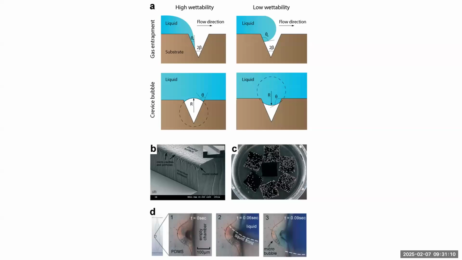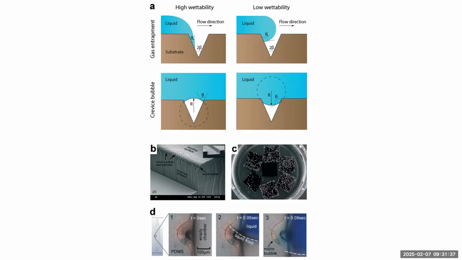And they talk about wettability of your surface as well. Surface chemistry is also very important. If it's hydrophobic, you're more likely to have larger wetting angles that will cause bubbles, whereas if it's hydrophilic, the liquid really wants to grab onto the surface and you'll have smaller advancing angles.